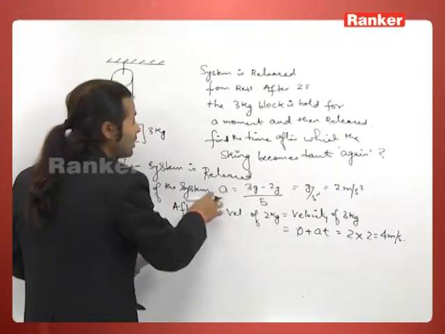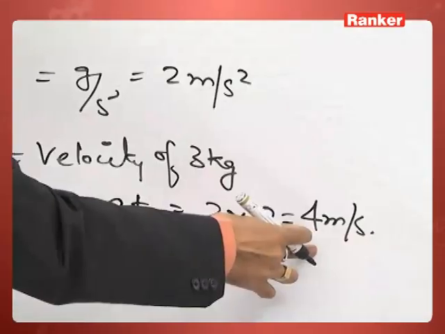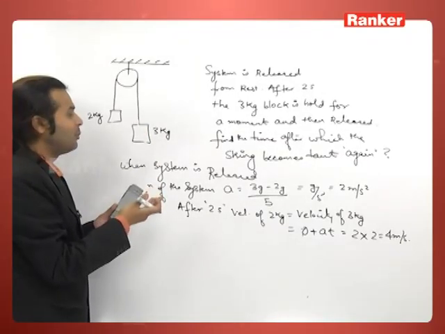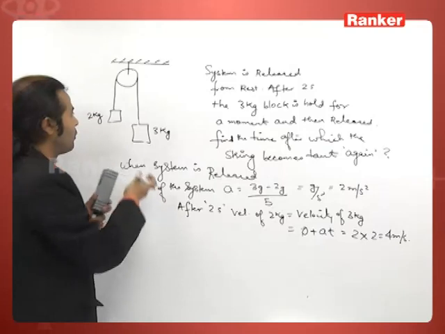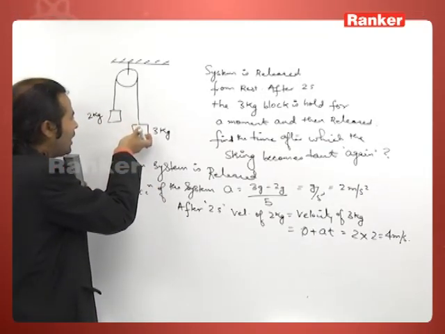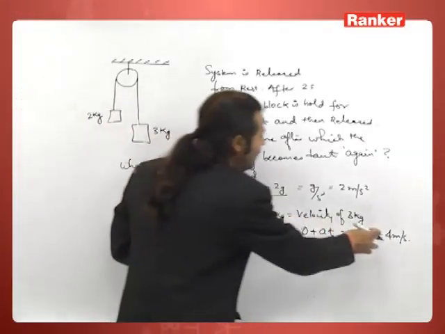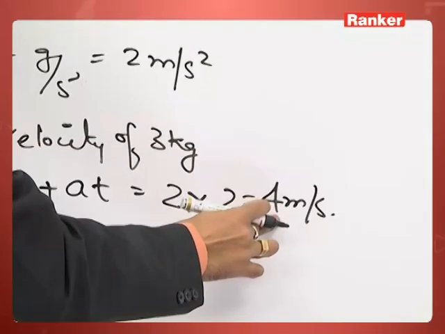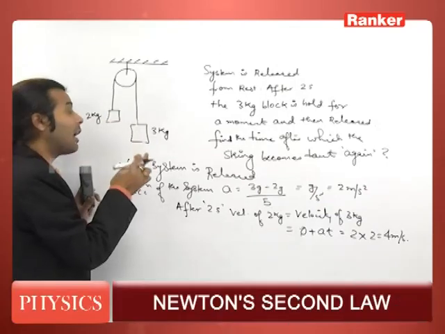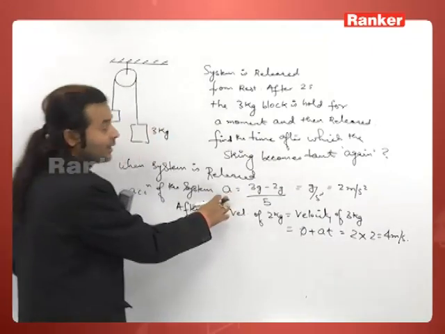But the velocity of the 2 kg block is 4 meter per second. Let the time at which this string becomes tight be t dash. Now the 3 kg block is falling freely and the 2 kg block is moving with an initial velocity of 4 meter per second, but both blocks are under the influence of acceleration due to gravity, not this acceleration.